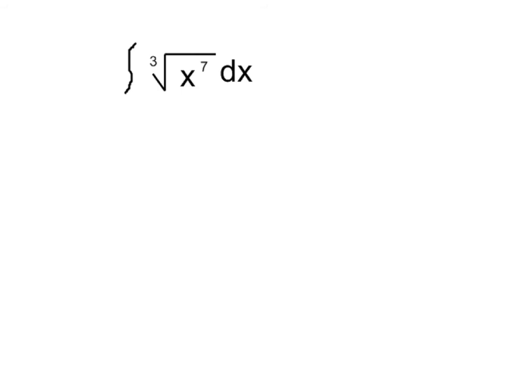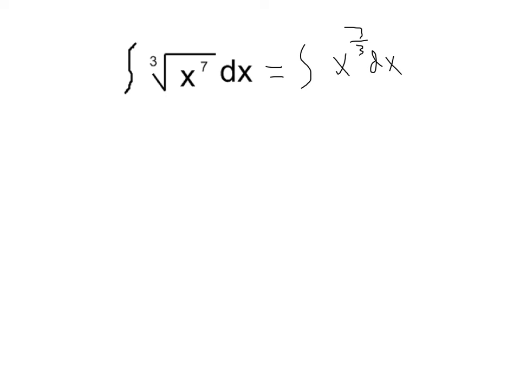Just like with the derivative, we want to put our integrands in calculus-friendly form. So this is obviously an algebra-friendly form. We could rewrite it in calculus-friendly form as the integral of x to the 7/3 power dx, and that makes it a lot easier to integrate.